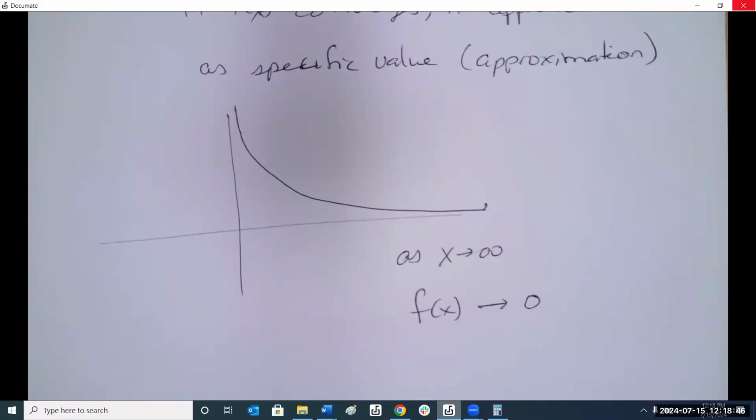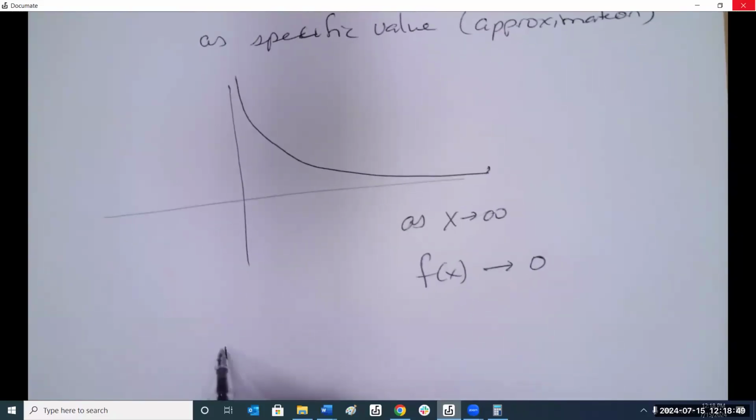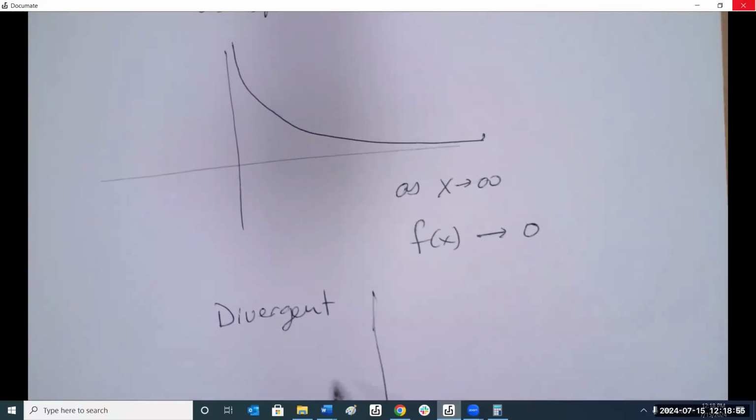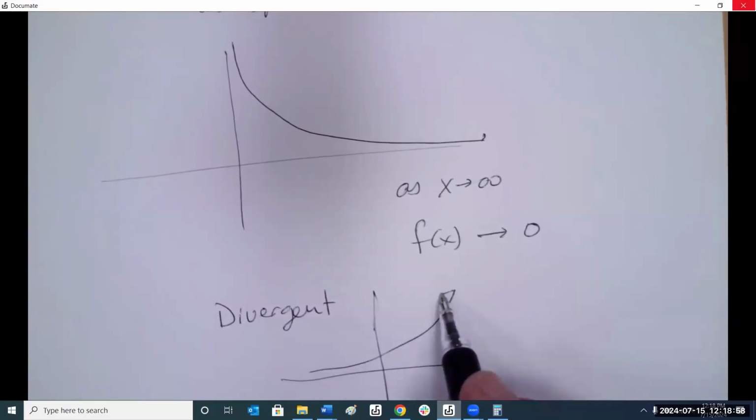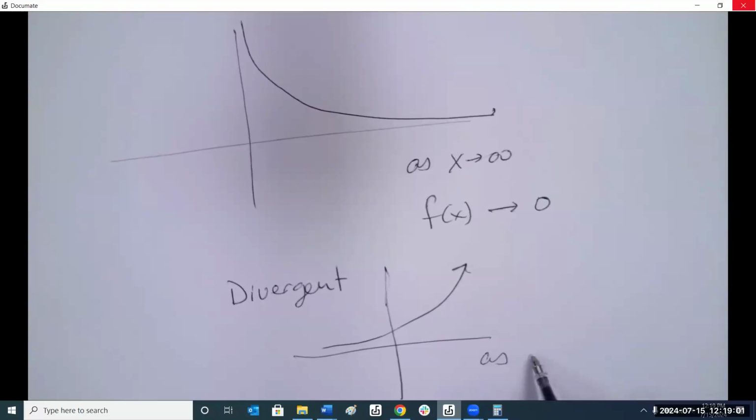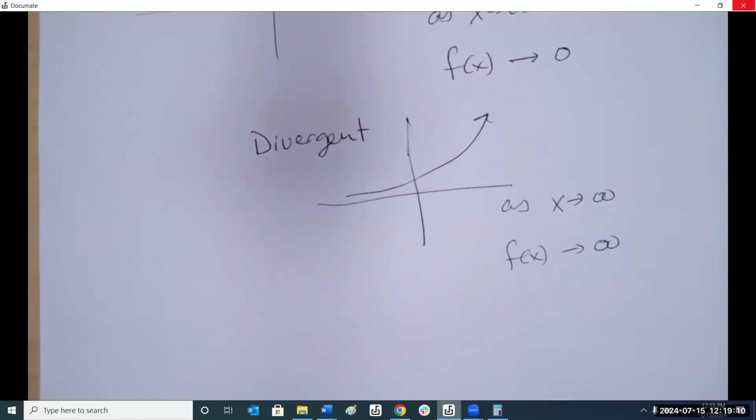The opposite of converging would be diverging. With this function, as x goes to infinity, our function also goes to infinity, so it diverges. It doesn't go anywhere specific.